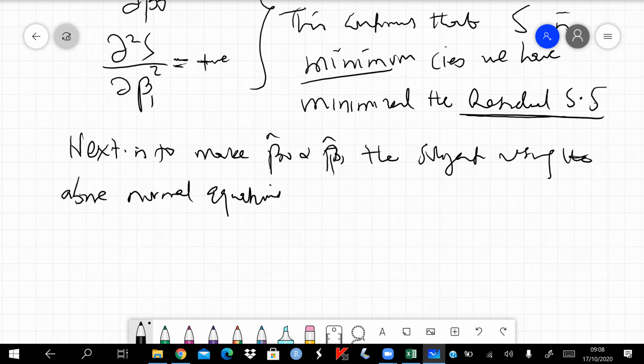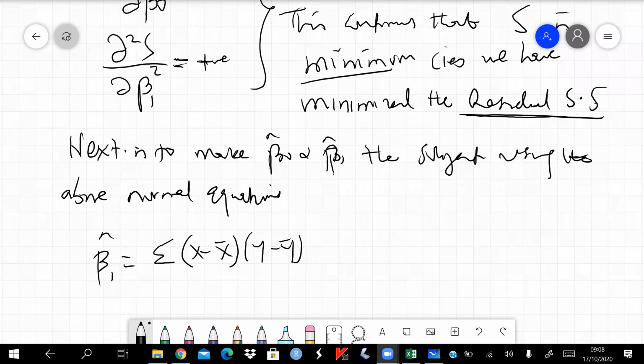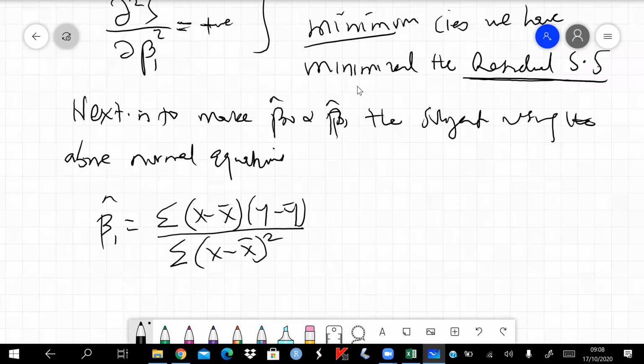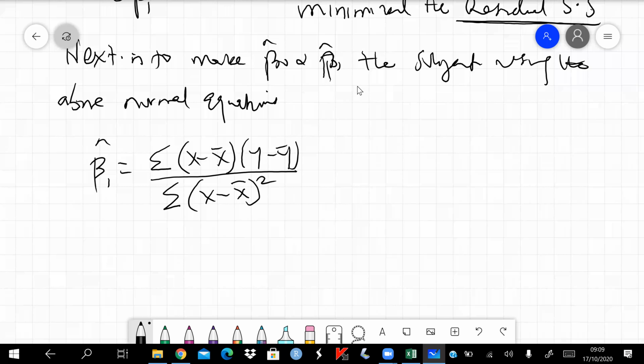You see that the value of beta 1 estimate is equal to the summation of (x minus x bar)(y minus y bar), divided by the summation of (x minus x bar) squared. I'm just trying to keep the notation quite simple. Okay, so that's the estimate of beta 1.